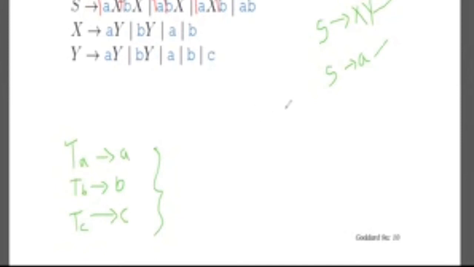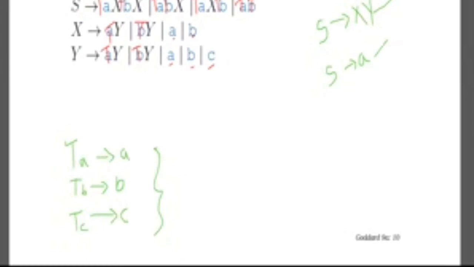See, TA is a single variable, TB is a single variable, TC is a single variable. Okay, so this will become TA TB. Now this also will become TAY, TBY. These two I am not going to change because they are already in CNF. TAY, TBY, and these are also in CNF. So these things we are not going to change.